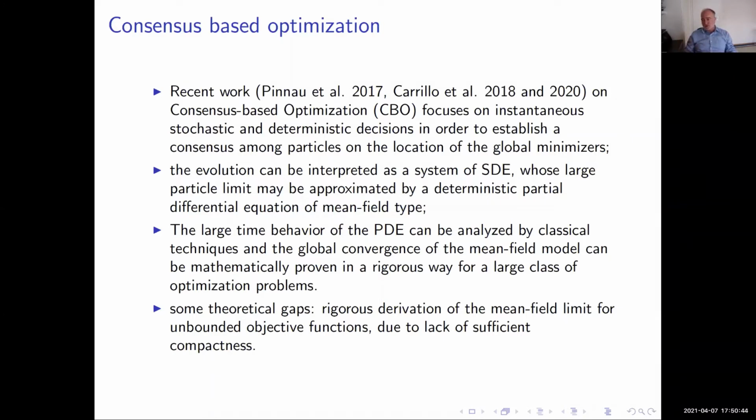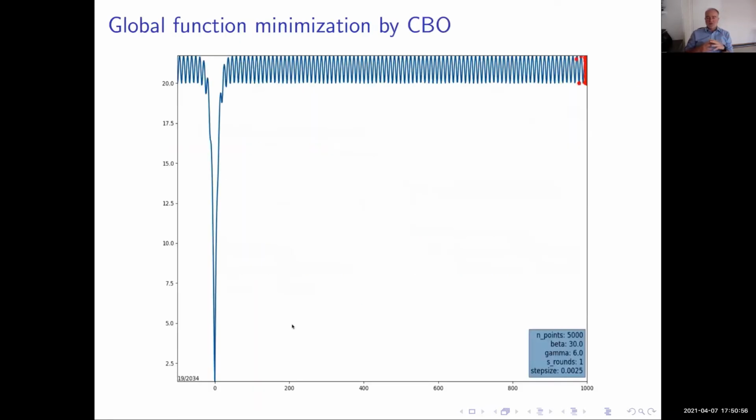But let me show you how these methods work on the flat and how they behave, and why they are so intriguing and surprising to a certain level. Here we have an objective function that has zillions of local minimizers, and no gradient method would be able to find this global minimizer, unless by chance, by randomly picking the initial condition, you would be very close to it.